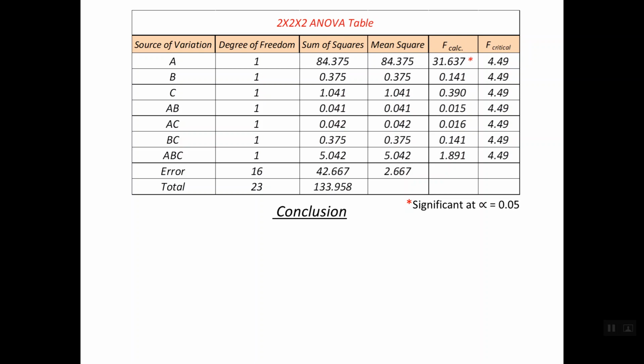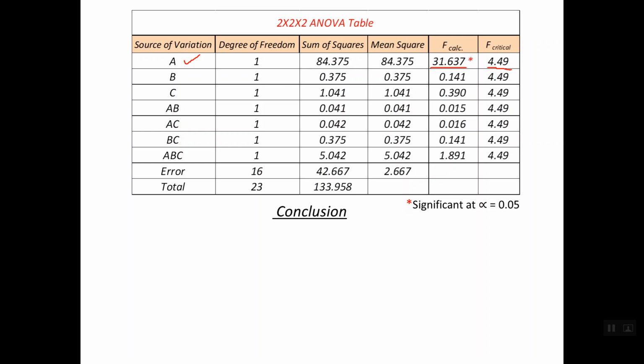Now, in order to draw the conclusions, simply we should compare the calculated value of F and the F critical. For example, for factor A, the value of the calculated F is 31.637. It is significantly bigger than the F critical.